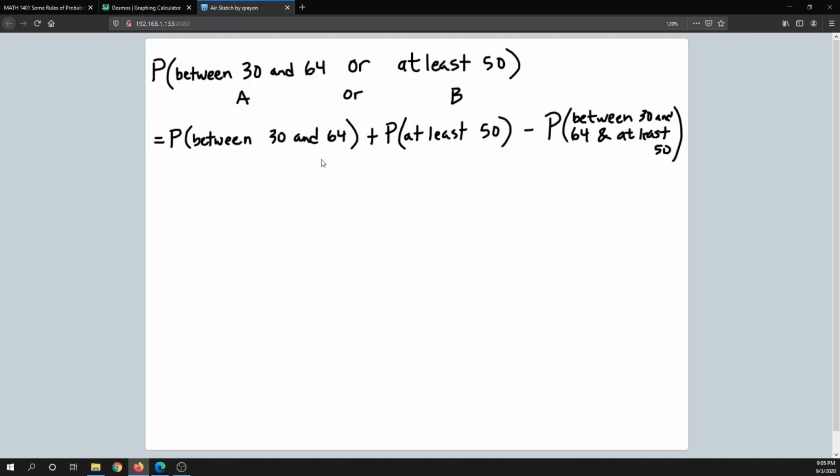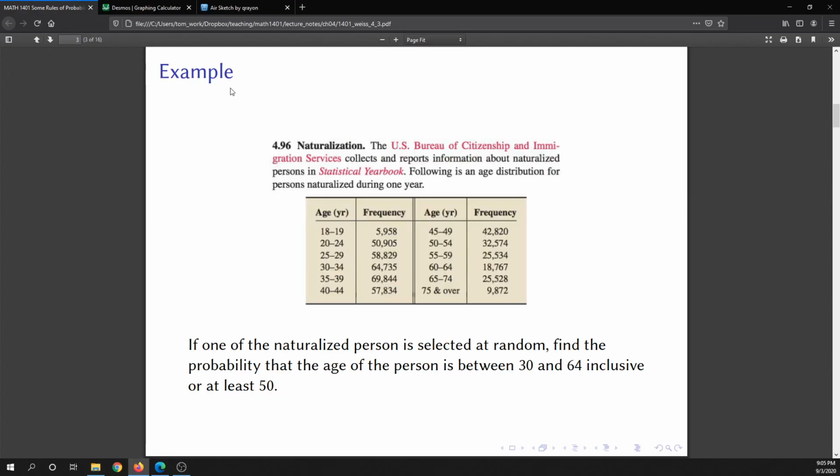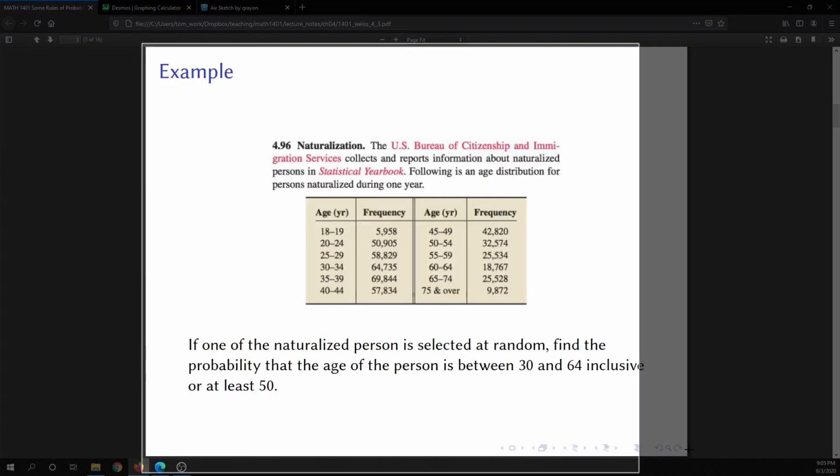And then what we would do is calculate the probability of each of these events. So first, let's do the probability that the person selected is between 30 and 64 inclusive. We need to go to where our frequency distribution is, and I want to be able to draw on this, so let me just pull it up.